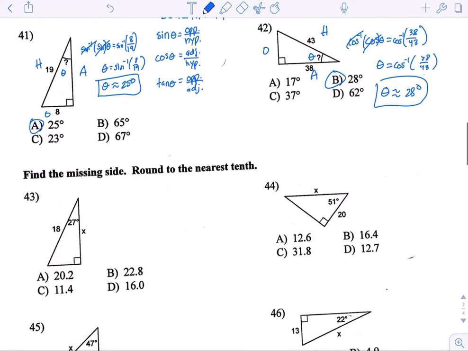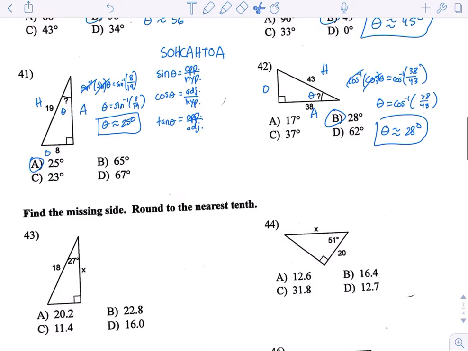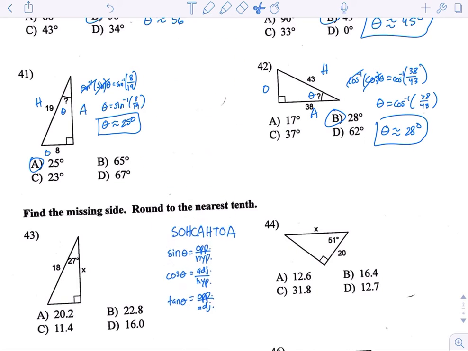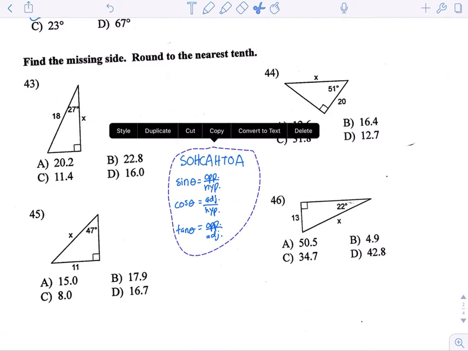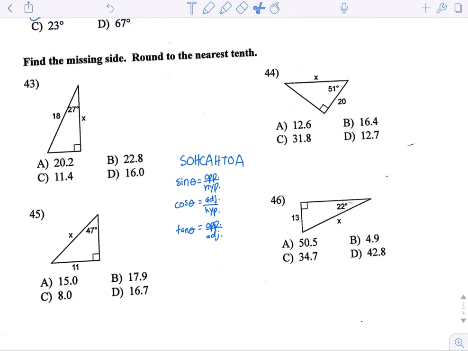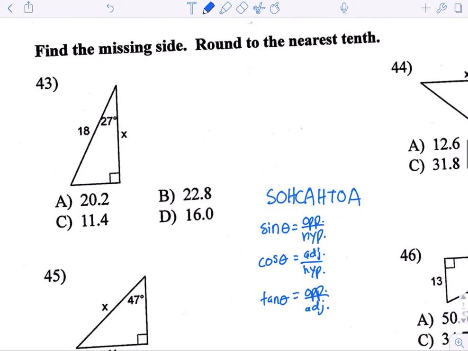Okay, 43. Now we have to find the side length. In the perspective of this angle, opposite, adjacent, hypotenuse. Well, the x is at the A and the 18 is at the H. So the one that uses A and H looks to be cosine.